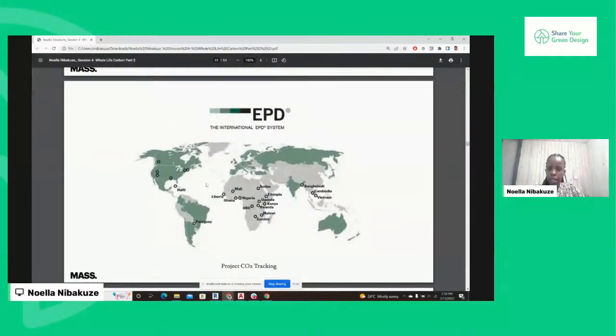that actually in Africa, there's no known benchmarking system for materials that we use. And we normally compare our buildings against, let's say, America or Europe systems, which could be maybe not as accurate as we think.